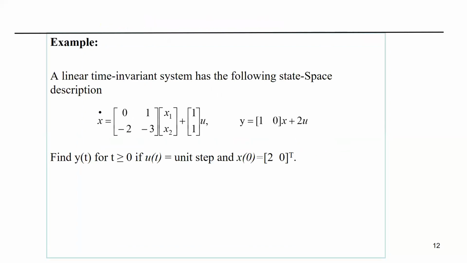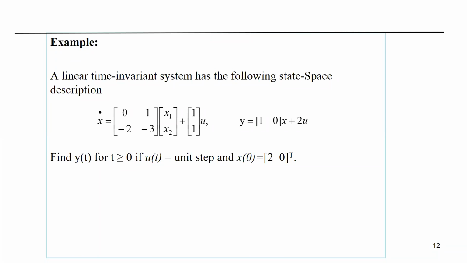So let me take an example. I have a linear time invariant system, and this is the state space representation. Find y of t for t greater than or equal to 0 if the input is a step function, and this is the initial condition.